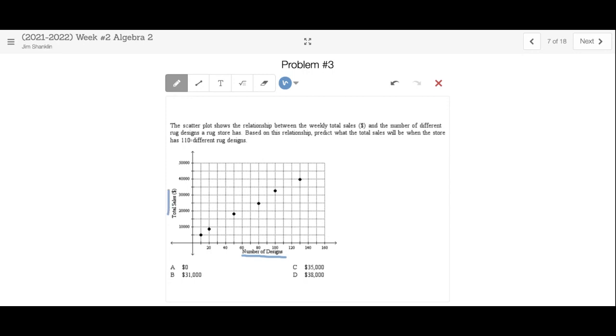They're counting by tens here, aren't they? 80, 90, 100, 110. So this is 110. So if I go straight up, and if I did a line of best fit here, this line of best fit would be something like that. What does it look like the total sales would be when you had 110 different rugs?